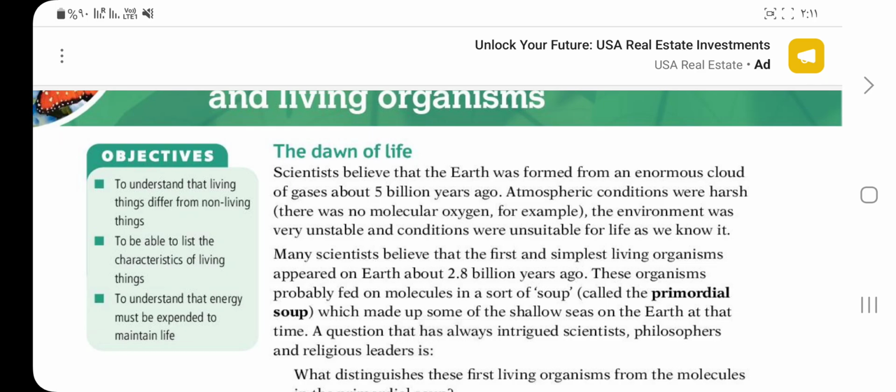The dawn of life. Scientists believe that the Earth was formed from an enormous cloud of gases about 5 billion years ago, and these atmospheric conditions were harsh.